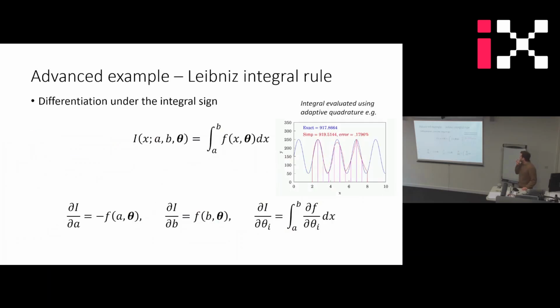Okay, so a more advanced example to show the power of this. Say we want to compute some integral of some function f of x, which depends on some parameters theta, between two limits.